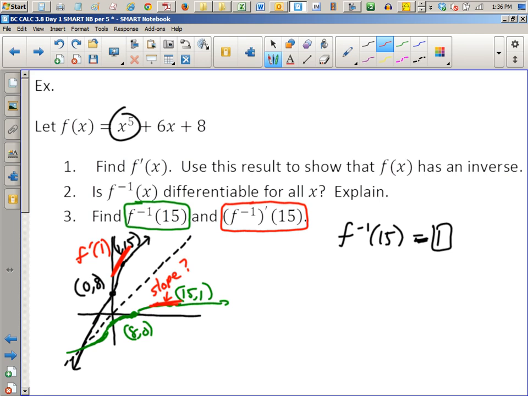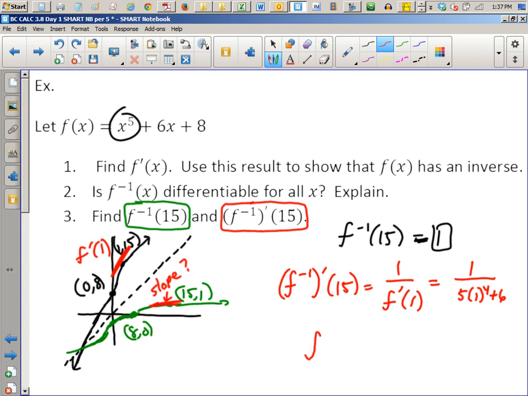Okay, so what we're seeing is that we can cheat and get the inverse's derivative at 15 by simply doing 1 over the original's derivative at 1. And remember, the derivative was 5x to the 4th plus 6. So the answer is f inverse prime of 15 is 1/11.